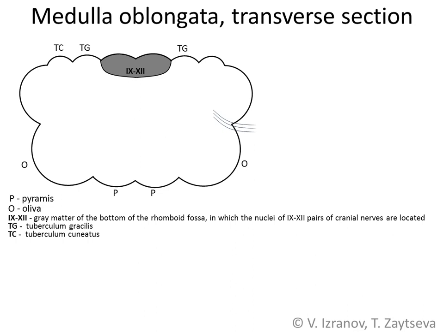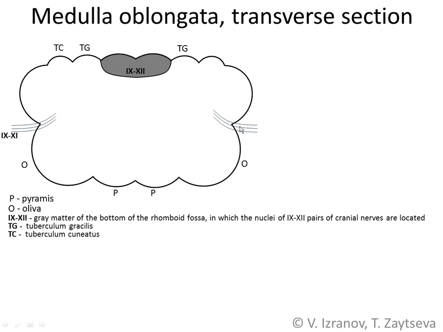Then, when we know the protruded portions of the transverse section of medulla oblongata, surely we can see between these protruded portions special sulci. So here it is sulcus behind the olive.